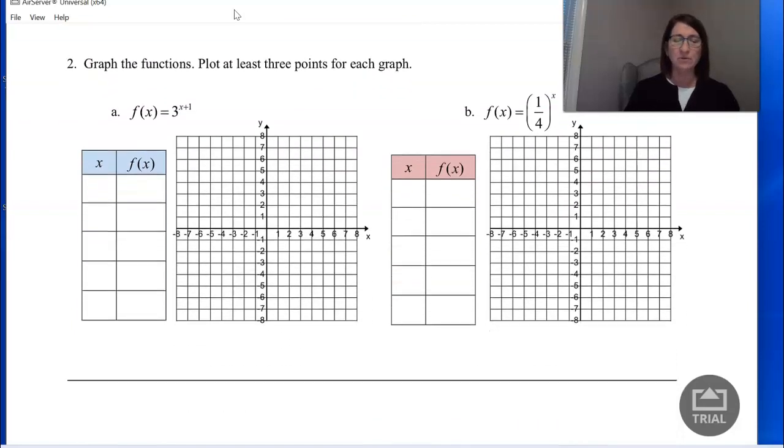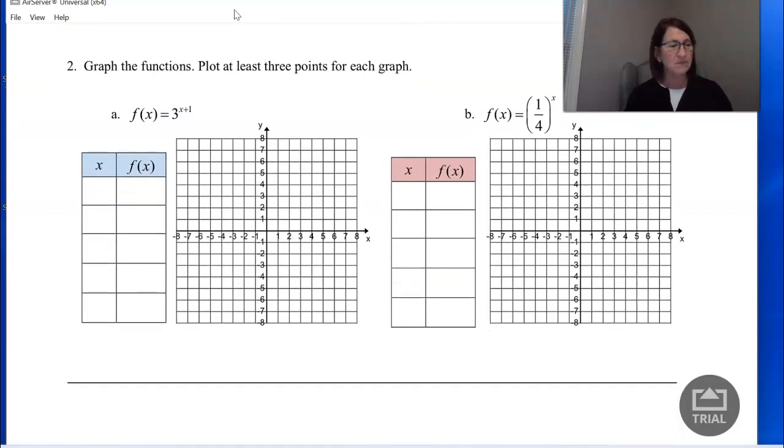All right, so let's go ahead and do some of these. Let's plot some. I'm going to start with this blue graph, the one on the left, which is the function f(x) equals 3 raised to the x plus 1. So our exponent is actually an expression. Let's input values for x.